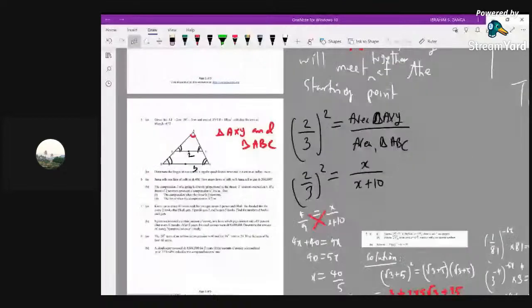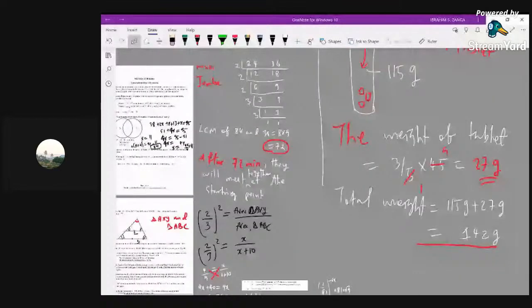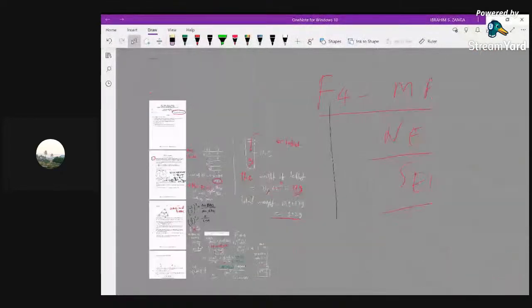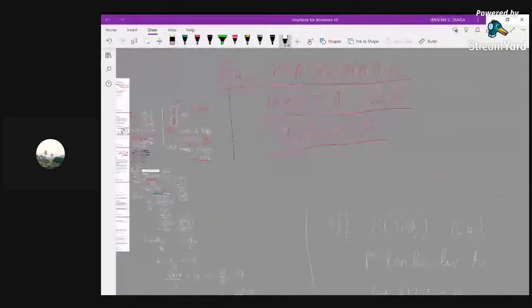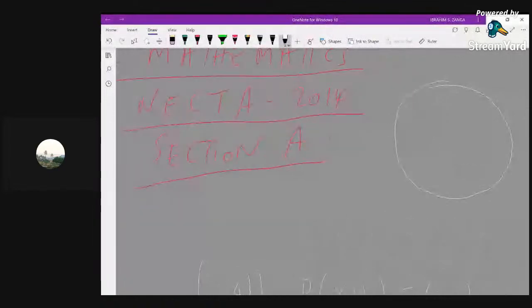So we are going to have a circle, and within that circle we have a square. We have a square, and we were given the radius already.